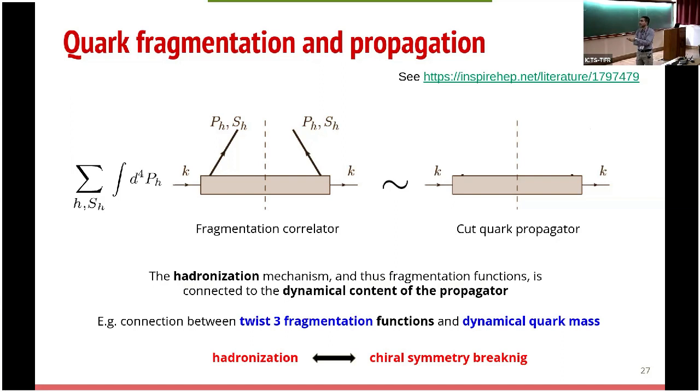So integrating over the momenta of the produced hadrons and summing over the flavors of the hadrons and their spin, you really are left with the operator that defines the propagator with a cut, so with the discontinuity of this propagator, okay?